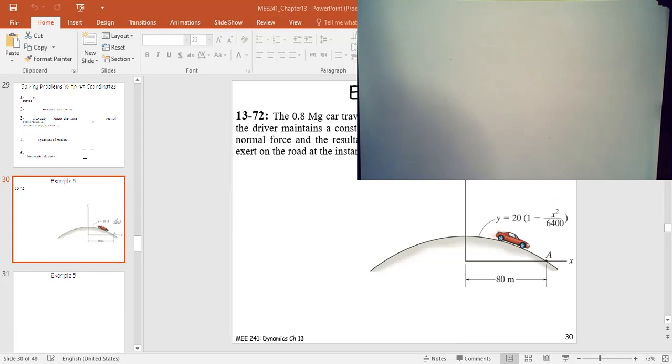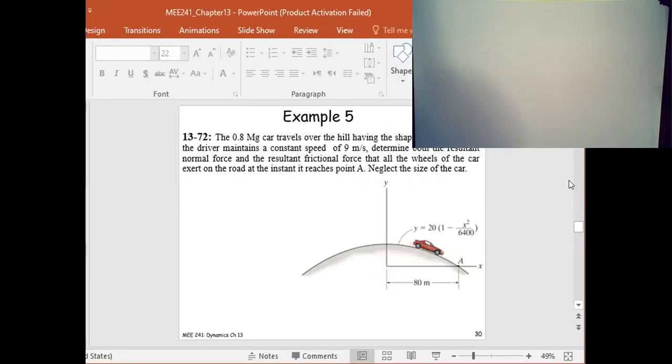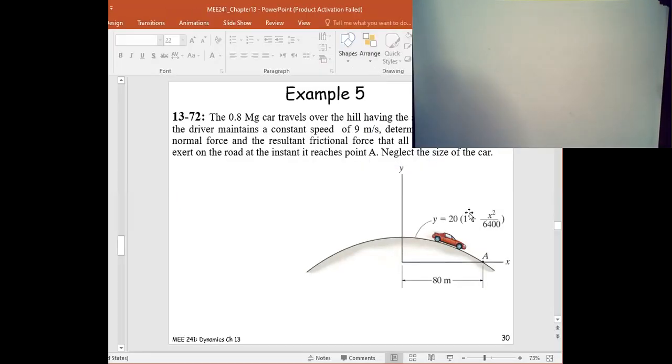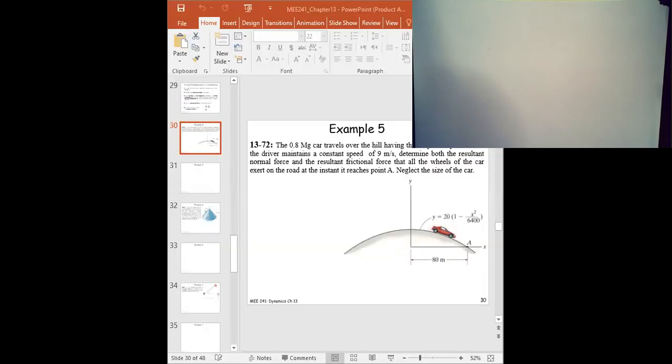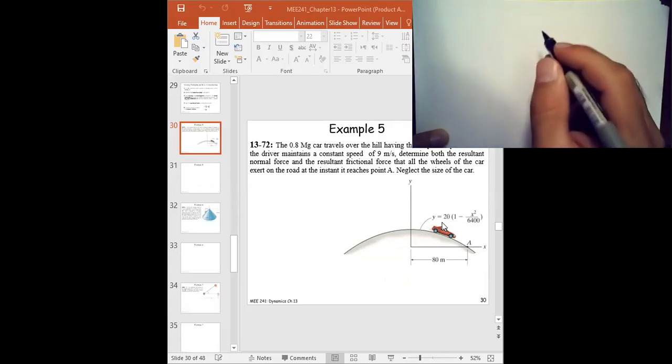So here we have a car that is traveling along this parabola, which is given to us as y equals 20 multiplied by 1 minus x squared over 6400.